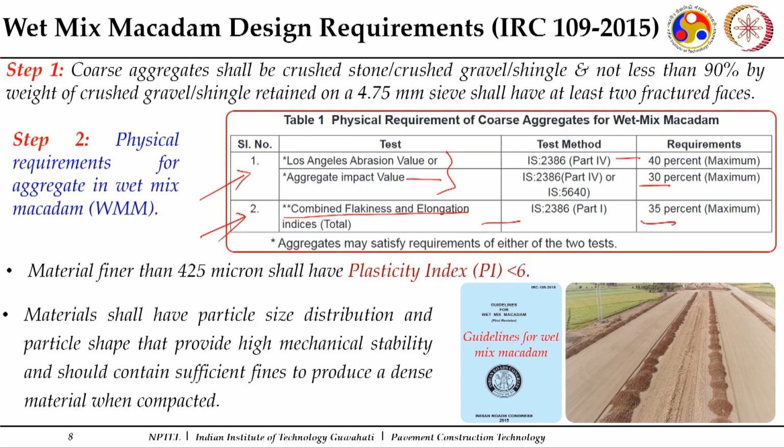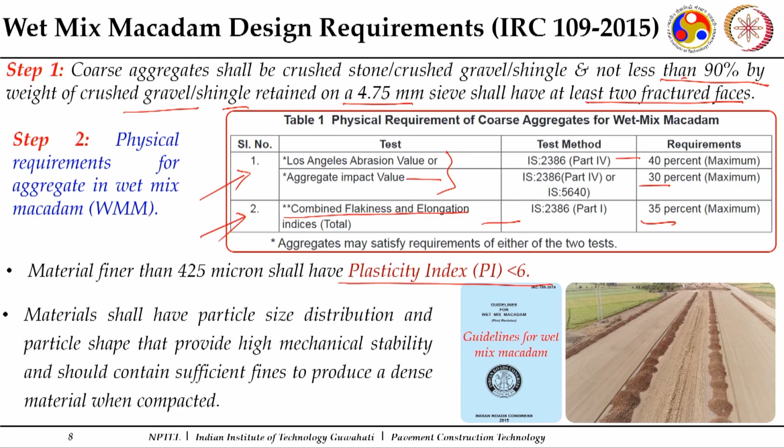If you are using crushed gravel, then 90% by weight of the crushed gravel or shingle retained on 4.75 mm shall have at least 2 fractured faces. Fractured faces we already discussed. In addition, the plasticity index of this material is to be less than 6. For this material also you determine the maximum dry density and OMC, and then work out the CBR.